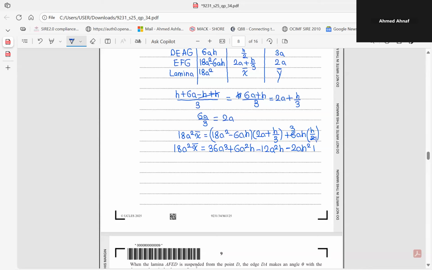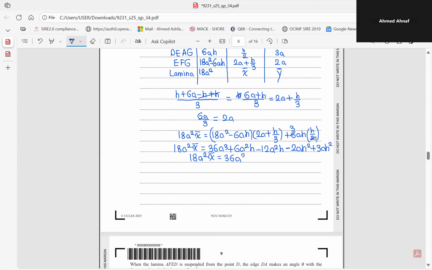And then this one, you just get plus 3ah squared. Now we'll collect all the like terms together.